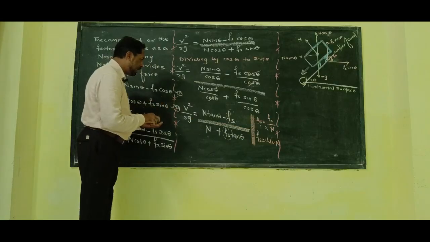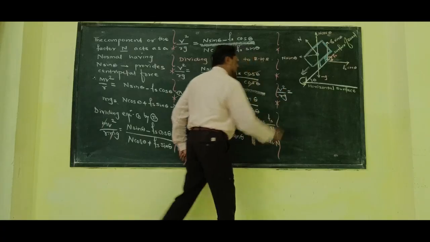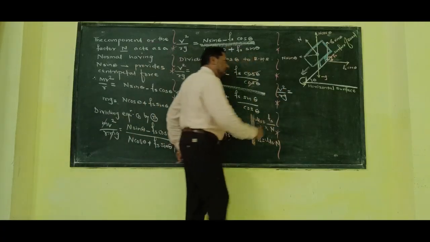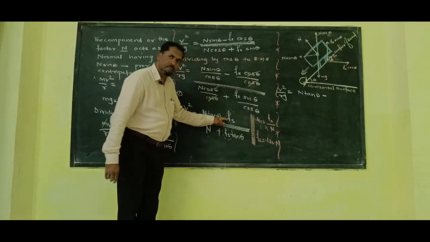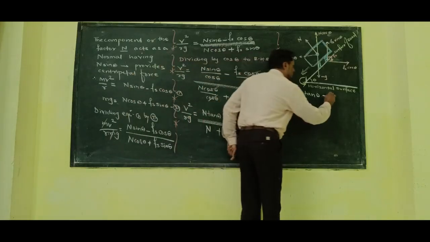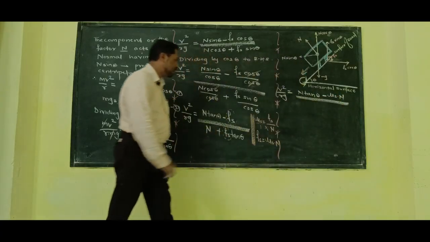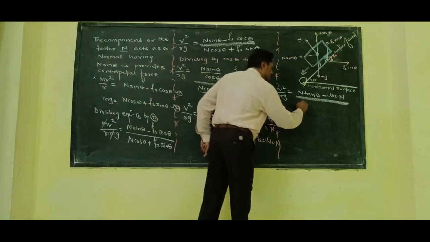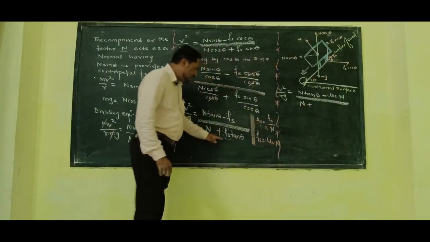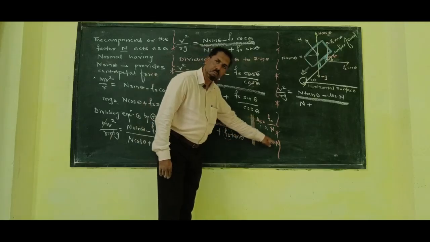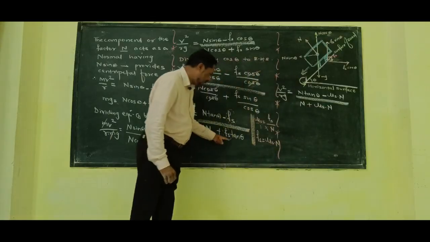So wherever Fs is there, we can put the value mu s N. What it becomes is v square upon rg is equal to N tan theta minus Fs, which is nothing but mu s into N, divided by N plus Fs, which is again mu s into N, times tan theta.